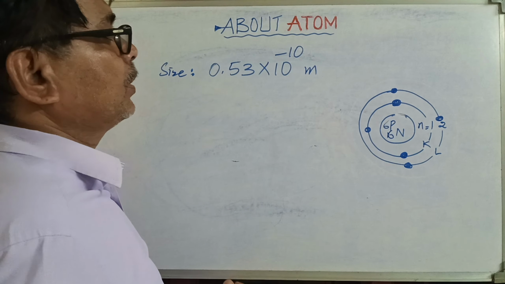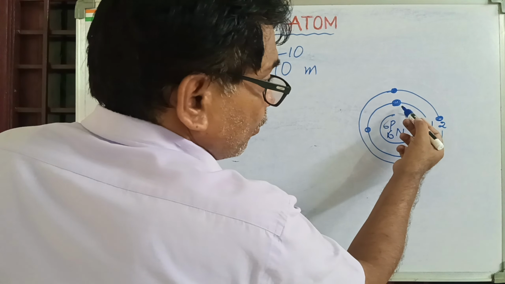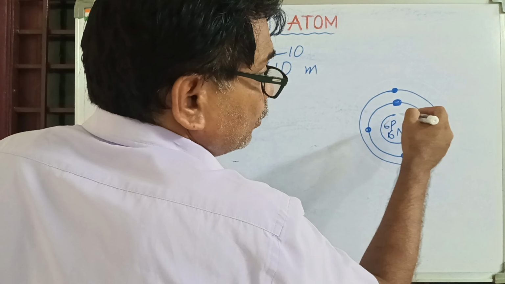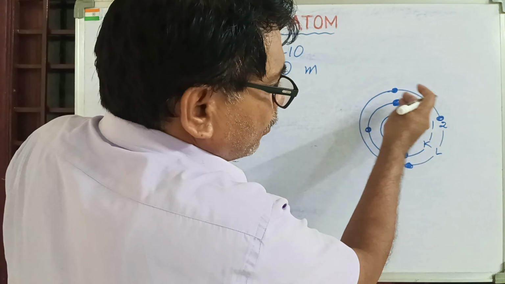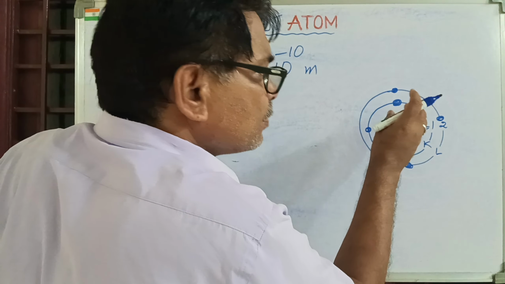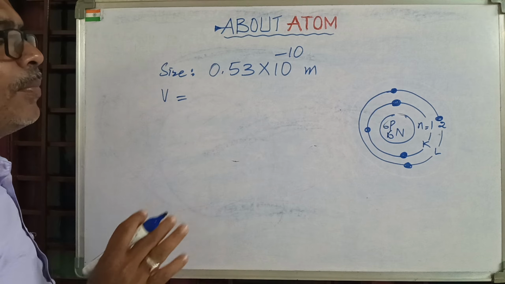Such a small thing. Now, what is happening in it? The electron is there, and this electron is revolving around the nucleus. The atom is this much, the nucleus is still smaller, and the electron is revolving around the nucleus, which is the smaller one. So naturally it takes a very short time to complete its revolution.